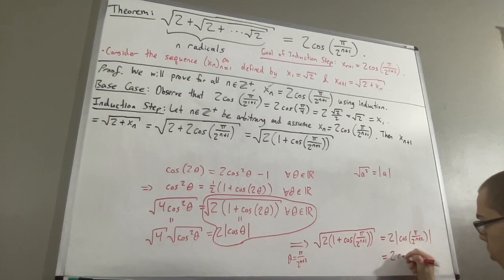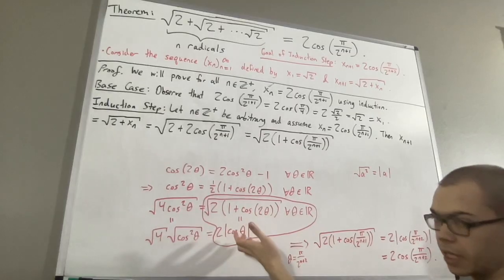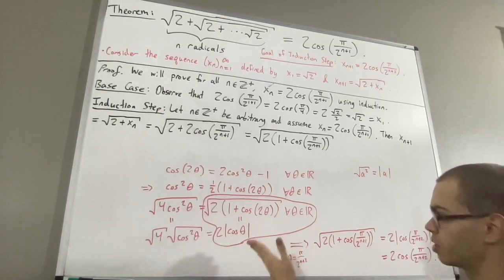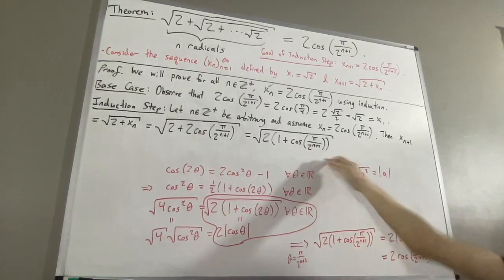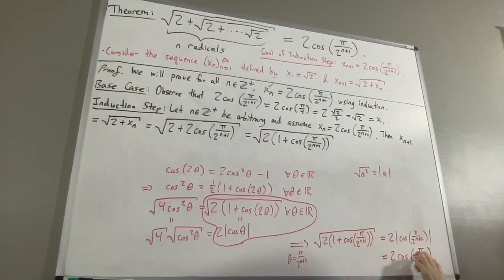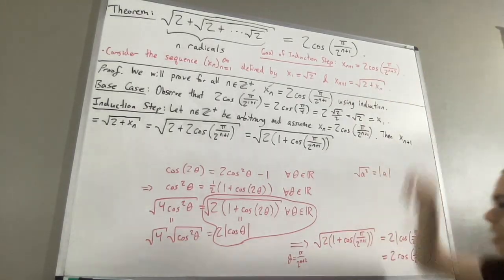This is just 2 times the cosine of pi over 2 to the power of n plus 2. So we applied the double angle identity for cosine to obtain that this guy must be equal to 2 times the cosine of pi over 2 to the power of n plus 2. That's exactly what we wanted to arrive at.